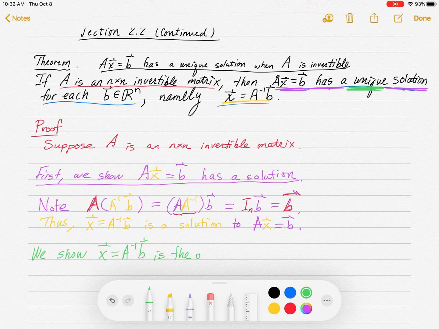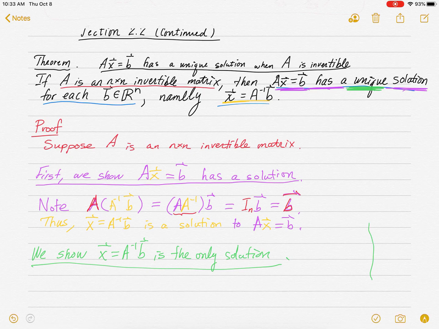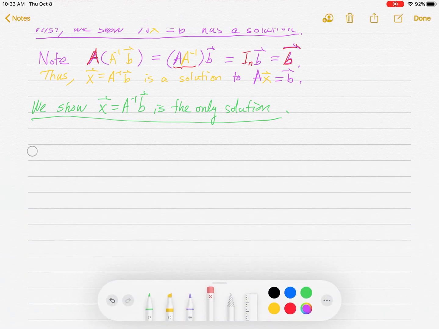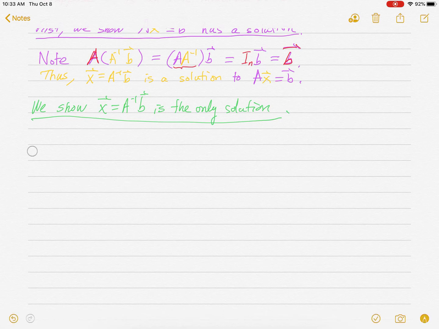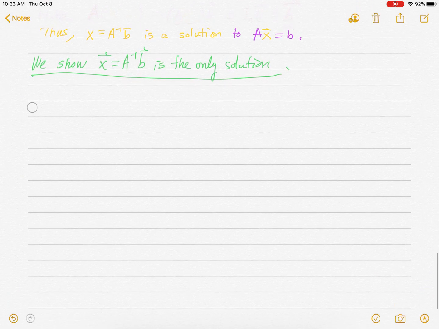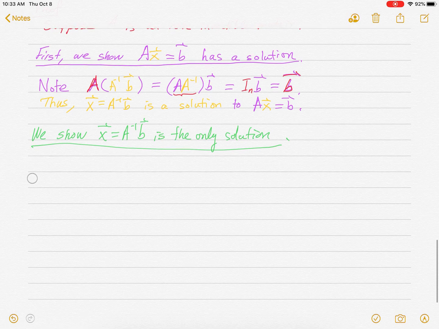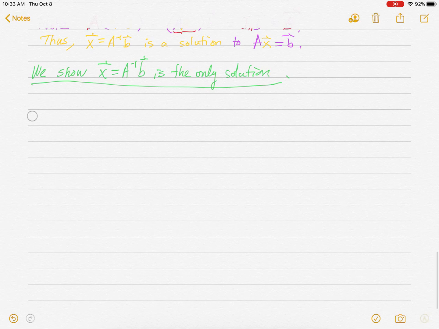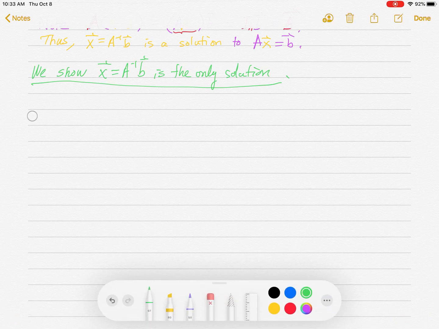So we show X equals A inverse B is the only one. From the first part, we know there is a solution, right?